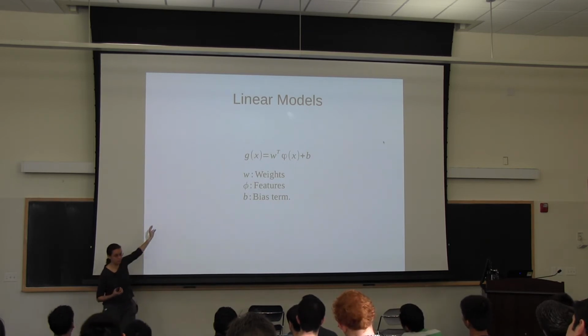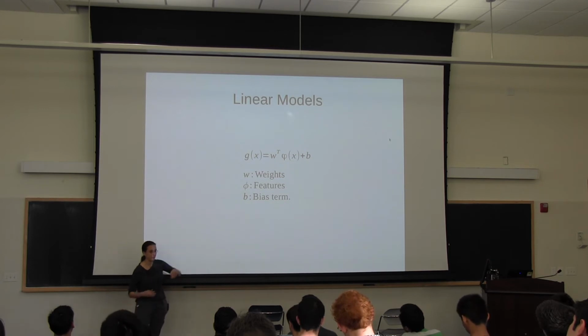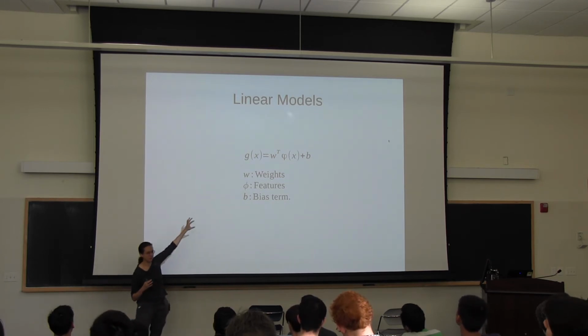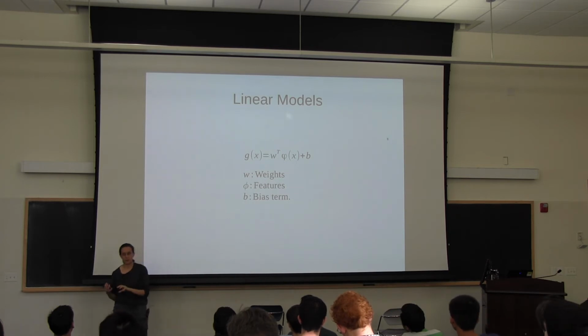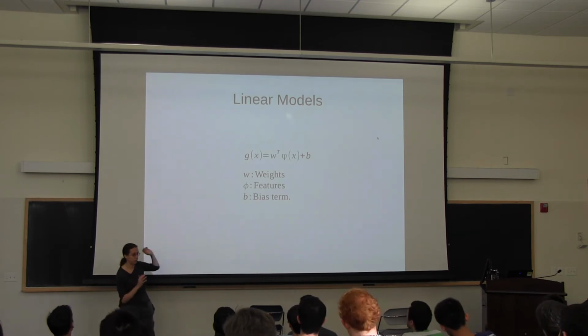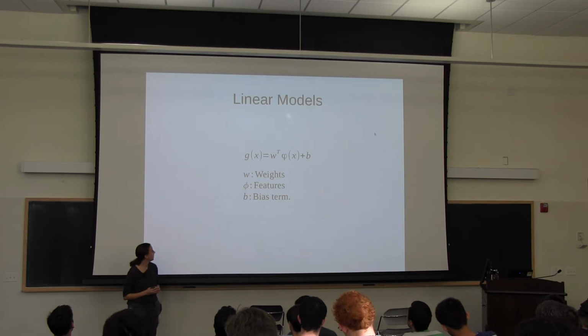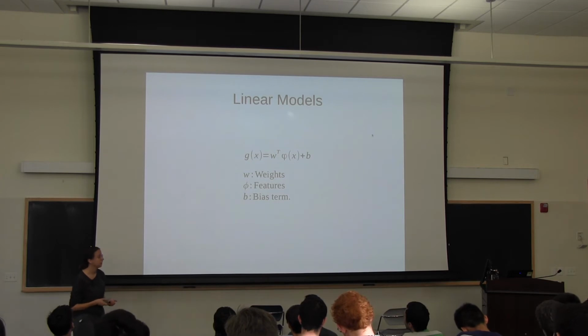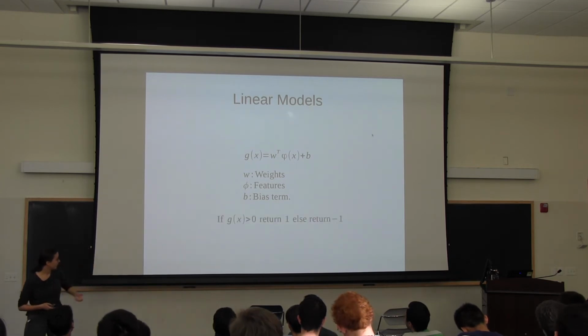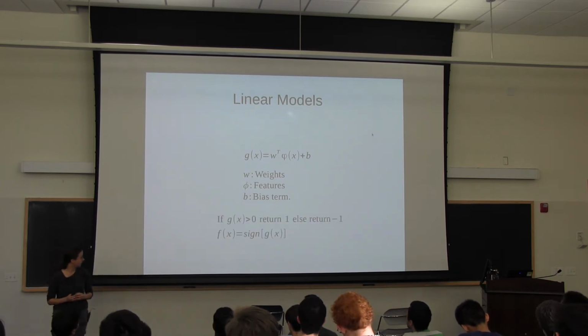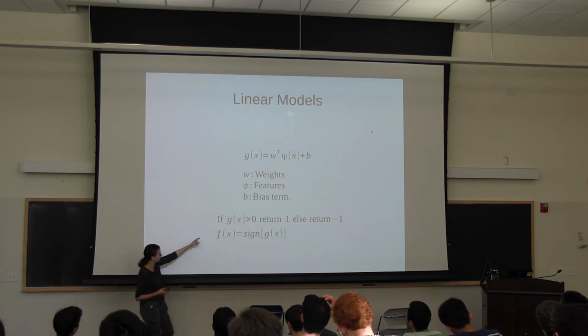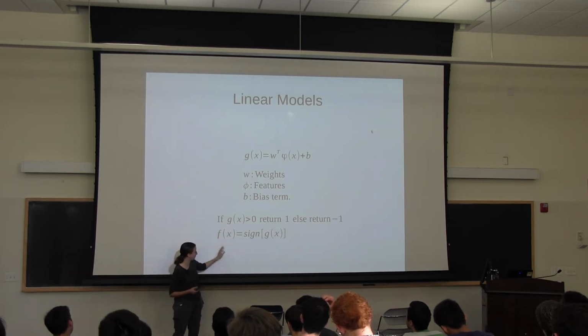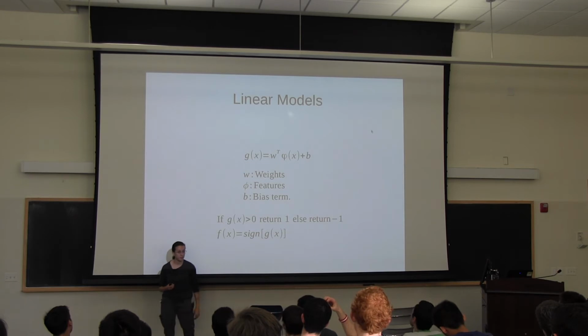Like in our previous lecture, we just assumed that x was already featurized. Here x could be your raw image, and you run some magic programs to extract the features. We talked about that last time. Plus the bias term, which somebody was asking about. It's kind of like a prior: without doing anything, which class is more likely? Then you get f of x by saying if g of x is greater than 0, return 1, else return minus 1. So f of x equals the sign of g of x.